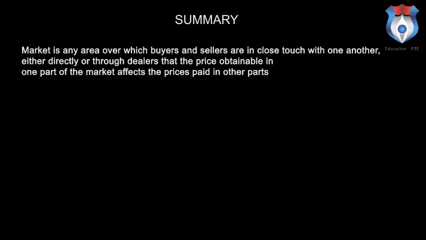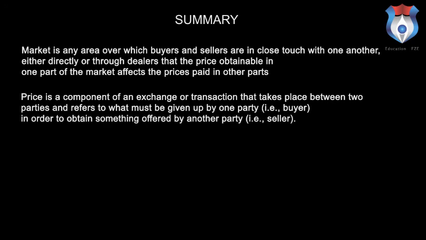Summary. Market is any area over which buyers and sellers are in close touch with one another, either directly or through dealers, that the price obtainable in one part of the market affects the prices paid in other parts. Price is a component of an exchange of transaction that takes place between two parties and refers to what must be given up by one party, that is buyer, in order to obtain something offered by another party, that is seller.